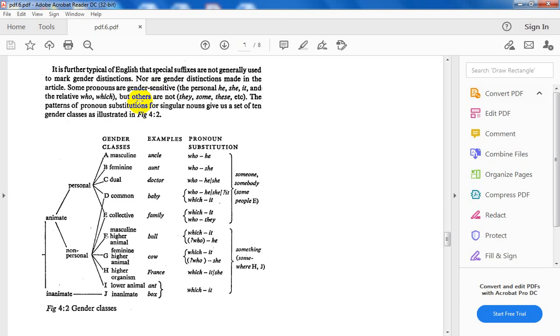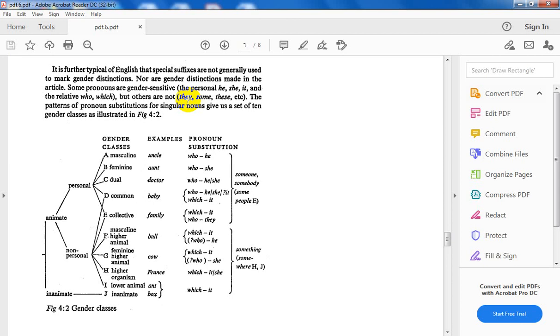He for male, she for female, it for inanimate. Again, I have the relative pronouns who and which: who for animate, which for inanimate. But others are not, like they, which is used with a group of males, a group of females, males and females together, animate and inanimate together.